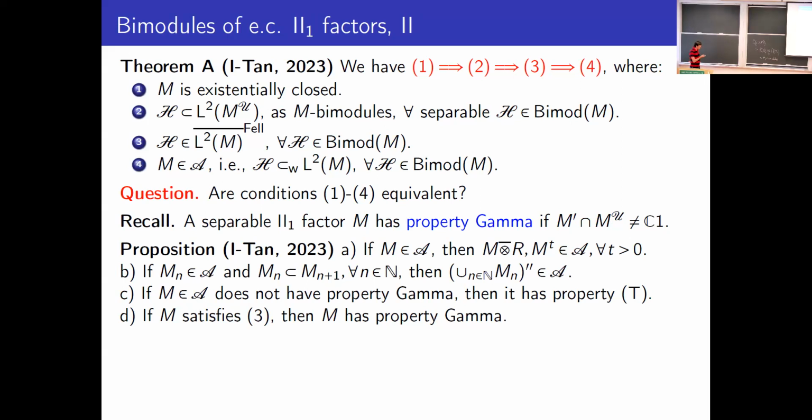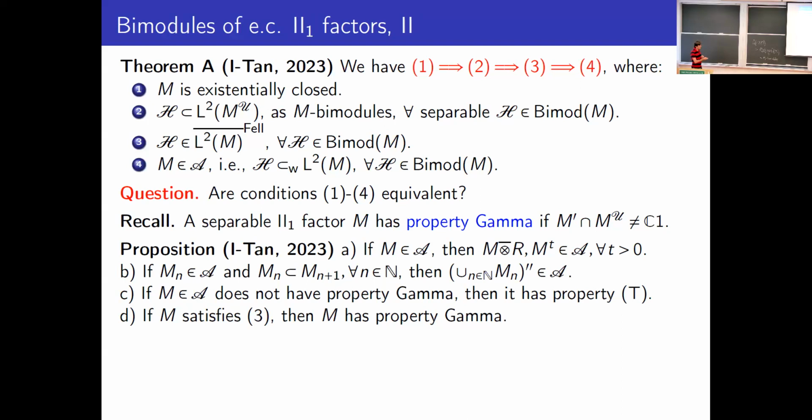Part C of this proposition says that if M is in A but doesn't have property gamma, then it must have property T. So what this tells you is that in this class A, there are no II1 factors that fail property gamma but do not have property T. For instance, the free group factors do not have property gamma and also do not have property T, so they are not in class A. In part C, we do not know whether being in class A implies property gamma.